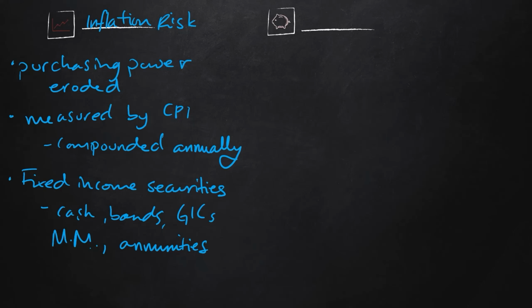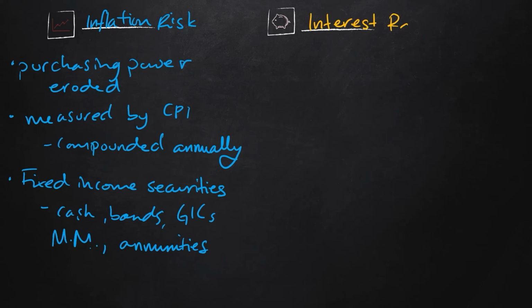What you could buy 5, 10, 15 years ago with $3,000 is certainly not the same as what you can buy today. And the same is true of the future. We won't be able to buy as much in terms of goods and services. And so that is what inflation risk is really all about. That money that you're receiving is really losing its purchasing power.